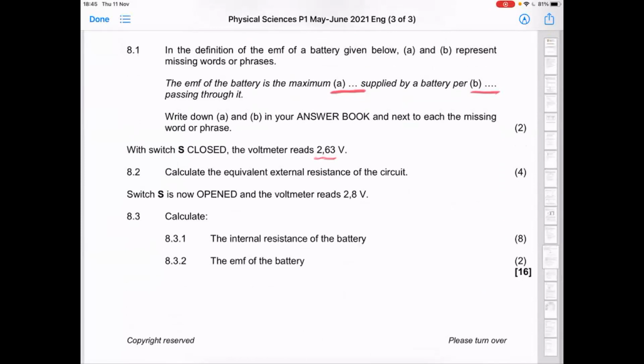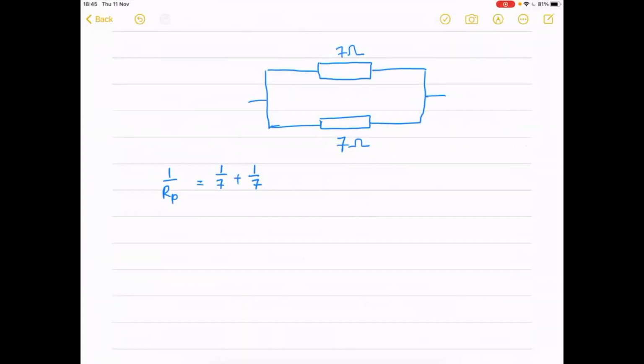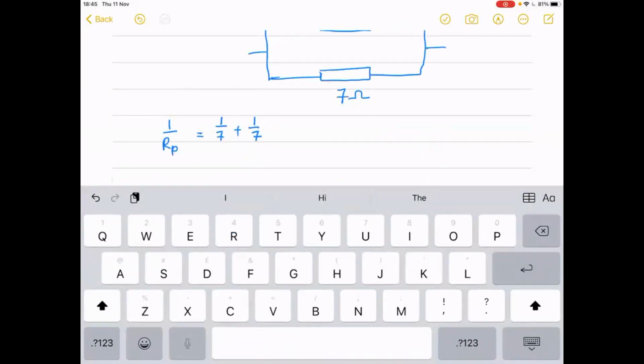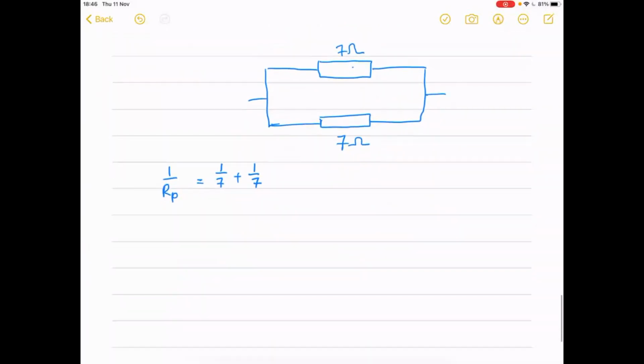Now we're trying to find the equivalent external resistance. I'm assuming that everyone's with us to this stage. The two in series, 4 ohm plus 3 ohm, is 7 ohm. Then you've got 7 ohm in parallel with 7 ohm, and we're trying to find the resultant.